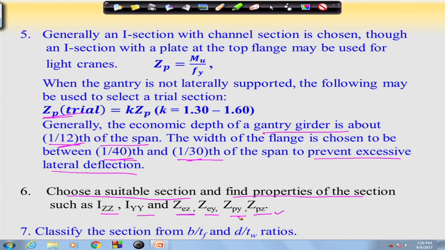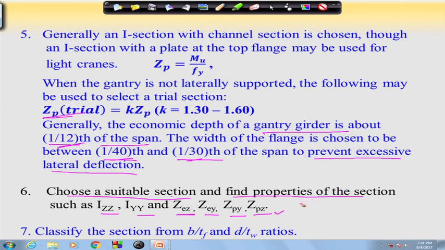However, ZPY we have to calculate manually, right. So, apart from this, the cross sectional area and other things we also have to note down, because they will be required. Like the overall depth, the thickness of the web, the thickness of the flange, all these things will be required. So, all the relevant properties will be noted down.